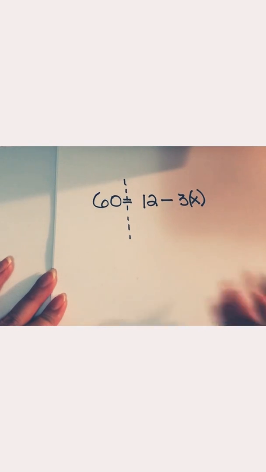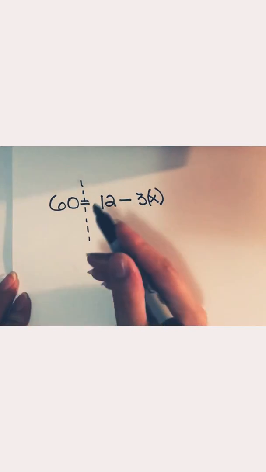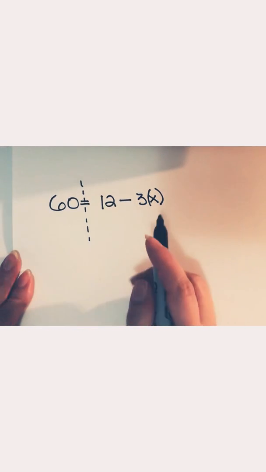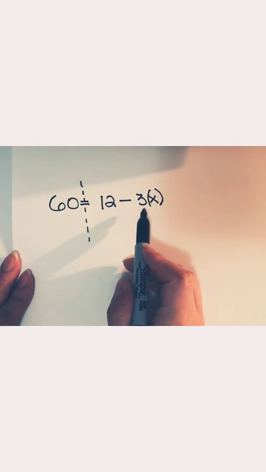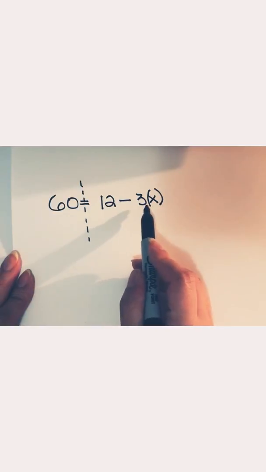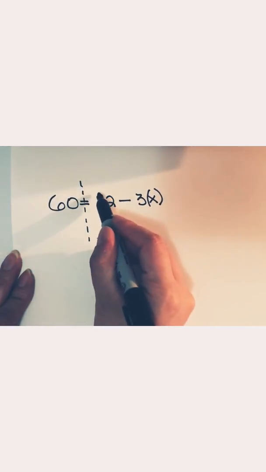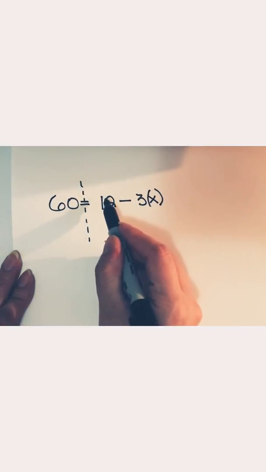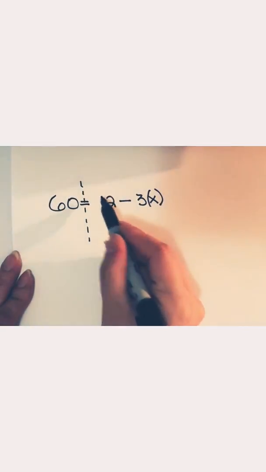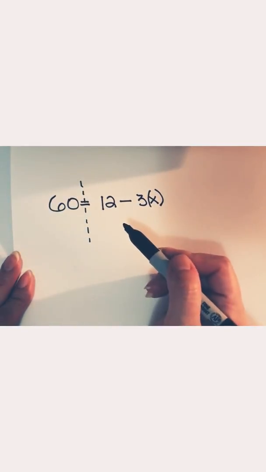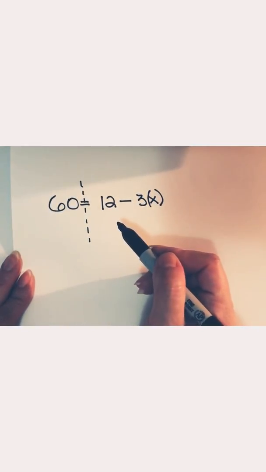So what you would do is you would go ahead, you want to isolate the x first, but right now you see that the x is attached to the 3. So here you just have the 12. And let's say you don't see a symbol of an addition or a subtraction or a negative or a positive.